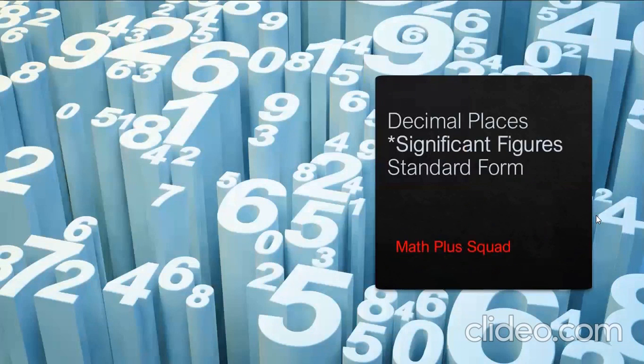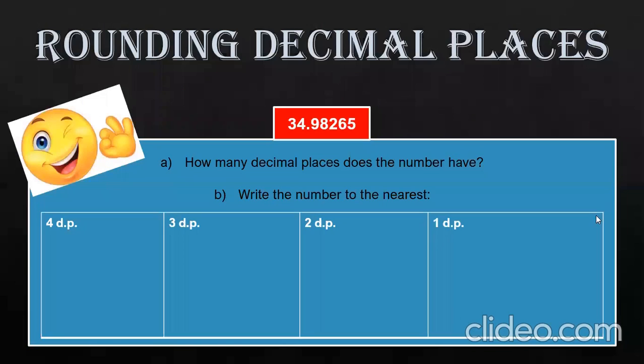Now, this is part two of our three-part video series. And so this video will be looking at significant figures. But before we get to that, let's go back to our decimal place question, where we got 34.98265. So first, state how many decimal places the number has.